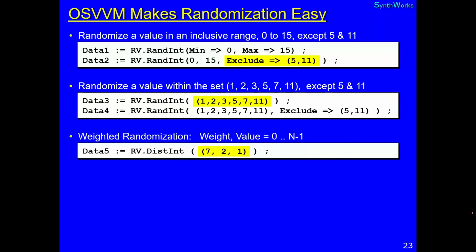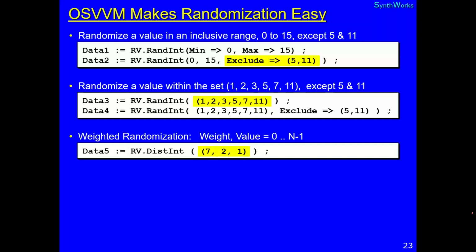All right. We can also do weighted randomization, and weighted randomization here is going to generate a set of numbers. When we give it a static value like this integer vector, it's going to give us the values that correspond to the indices. And in VHDL, we number the indices for an integer vector 0 to n minus 1, where the leftmost value is 0. And then we have n vector elements in there.